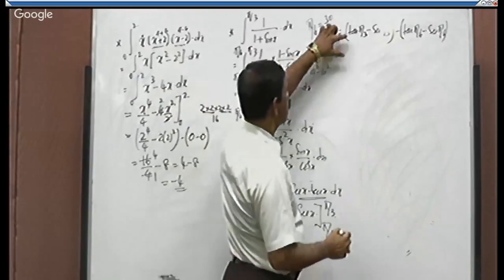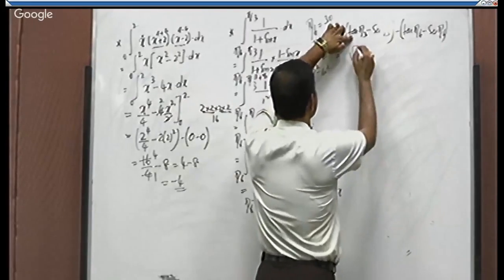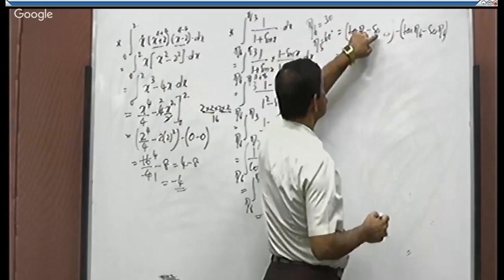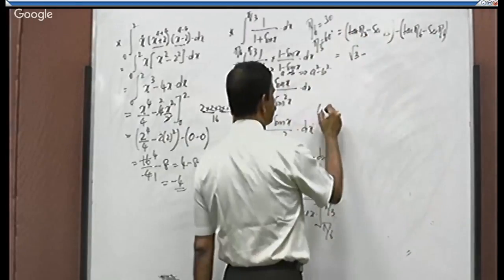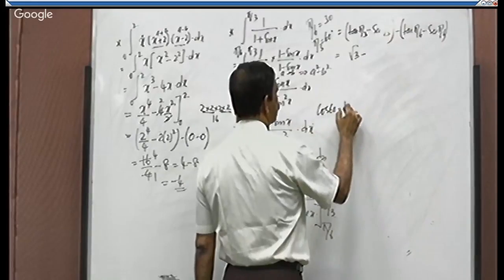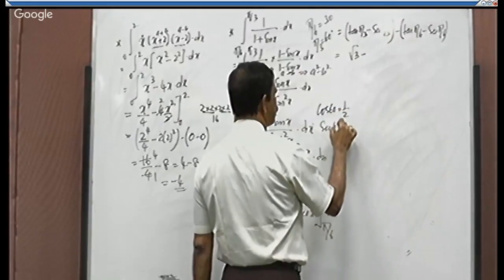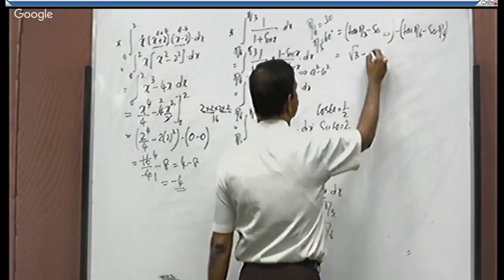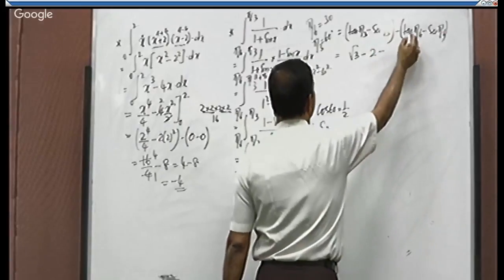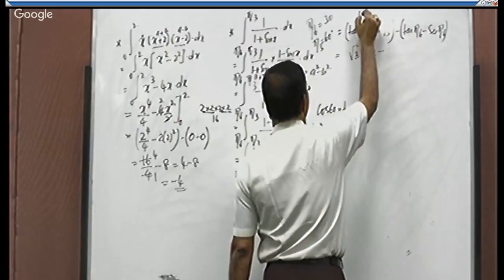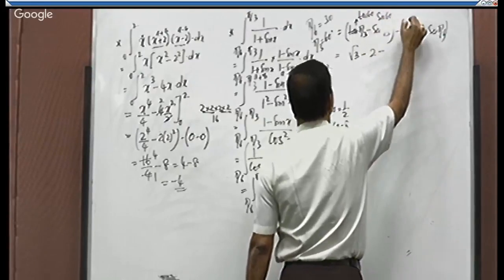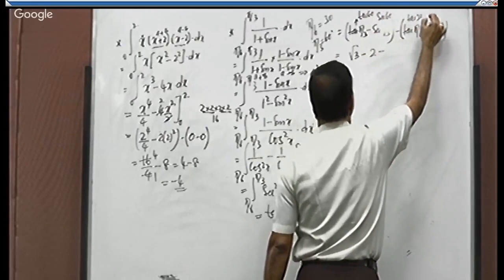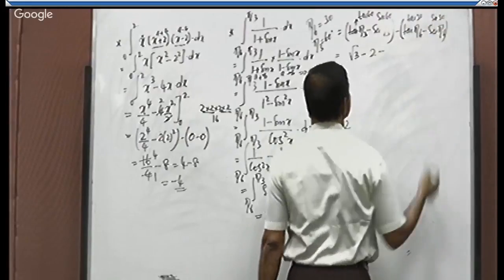What is tan 60? Tan pi by 3 is root 3 minus secant 60. Cos 60 is 1 by 2, correct? Therefore, secant 60 is equal to 2, minus tan 30 minus secant 30.